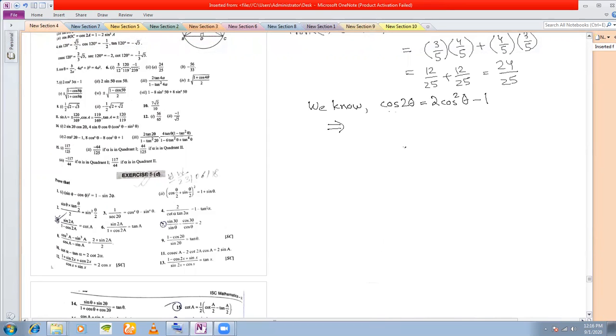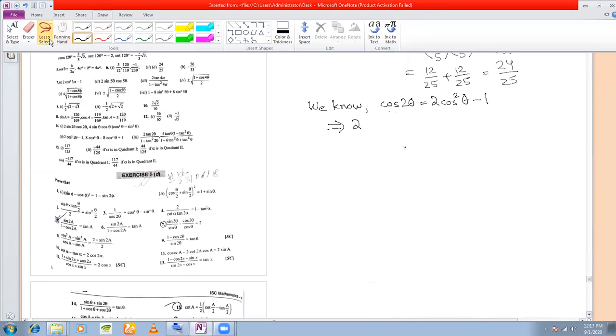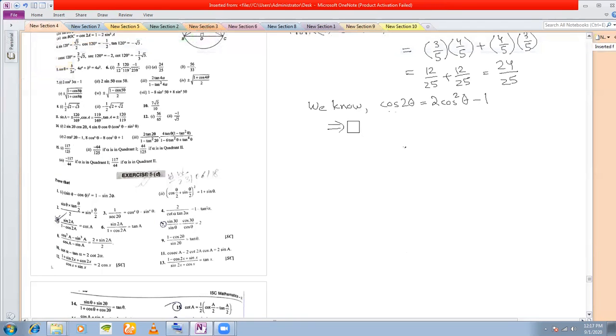Therefore, what you see in this formula is that this angle theta is half of 2 theta, isn't it? So therefore if I write 2 theta as alpha minus beta, then this theta will become (alpha minus beta) by 2.